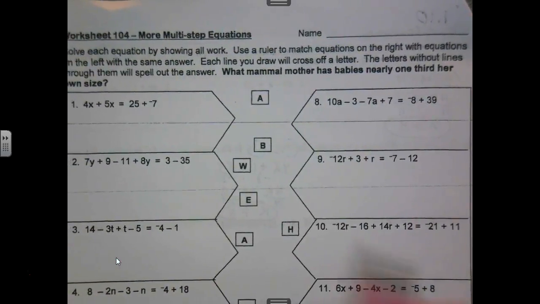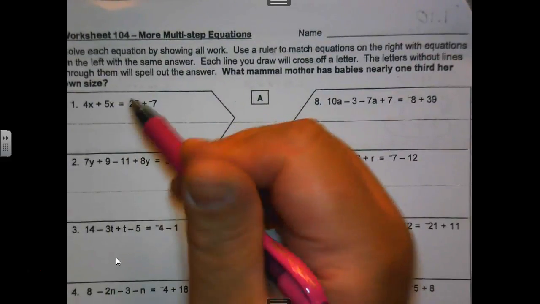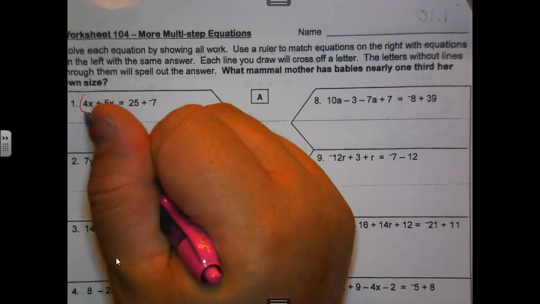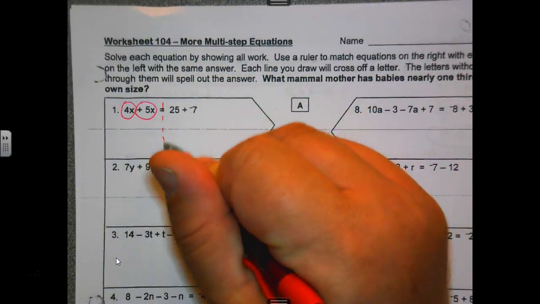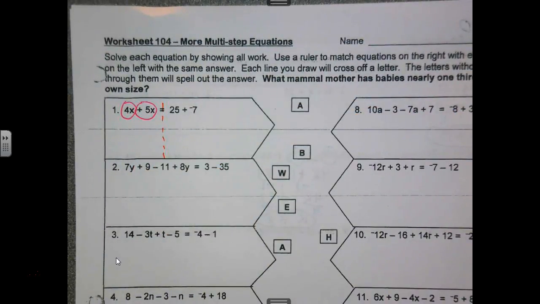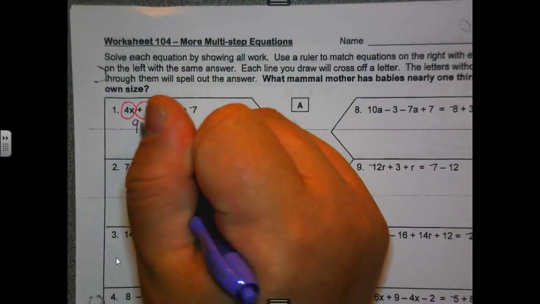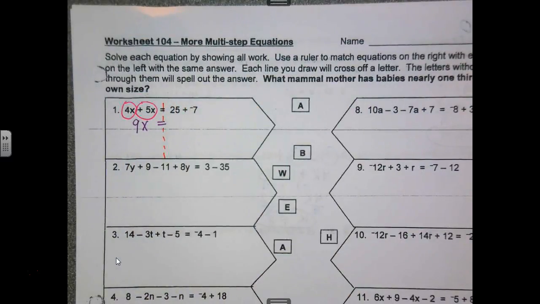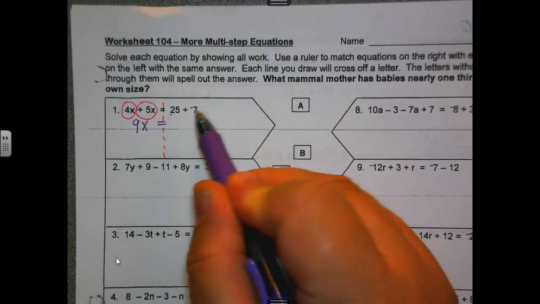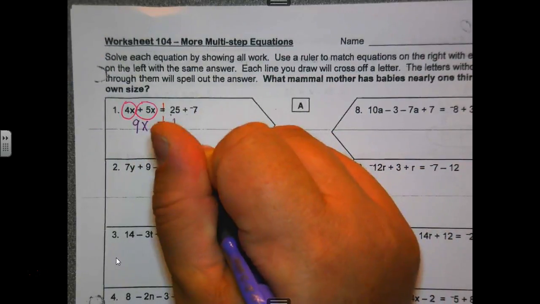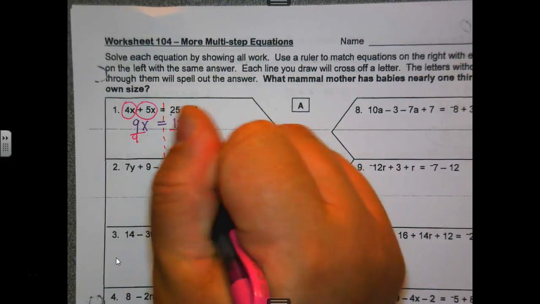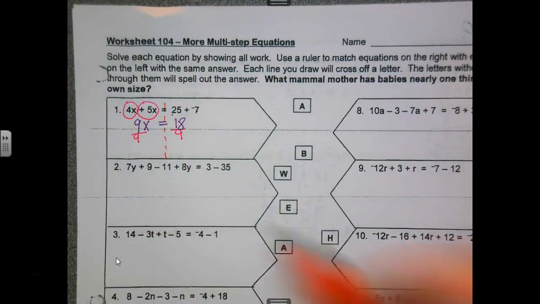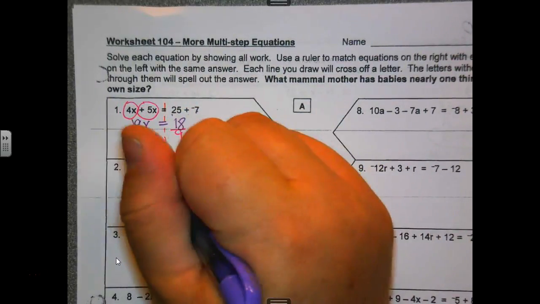Well, the way you do these, you solve the equations, and combine like terms here, 4x and 5x gives me 9x. Combine the constant terms on the other side, 25 plus -7, 18. Divide by the coefficient 9, and I get x equal 2.